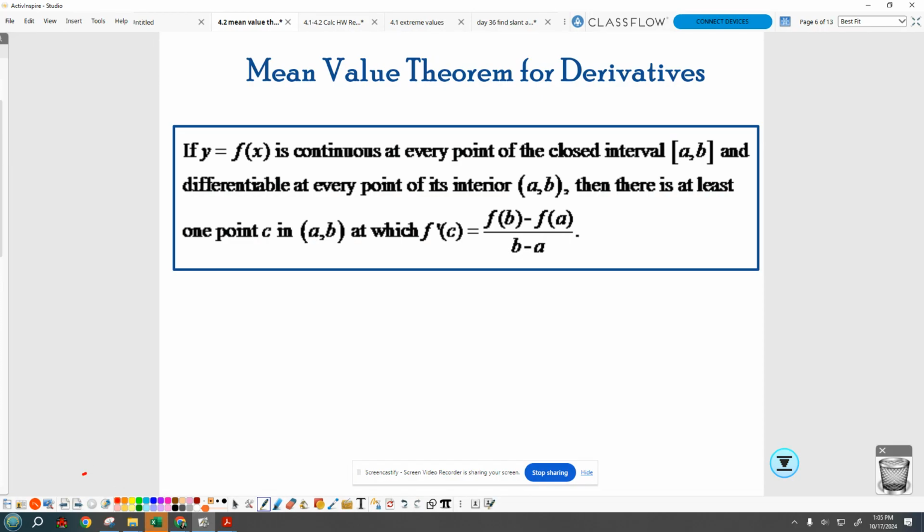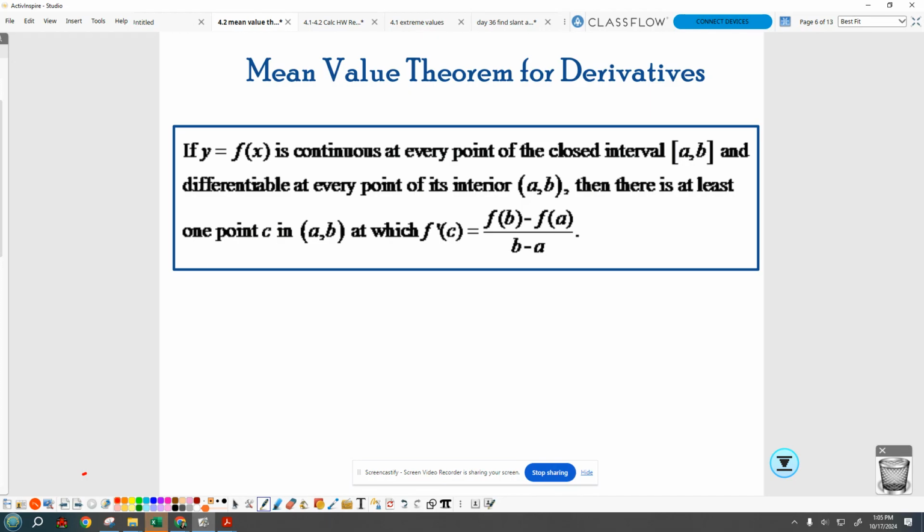All right, so the AP exam is obsessed with a few things. Tan inverse, mean value theorem, fundamental theorem of calculus. Fundamental, keyword, fundamental. They think that one's pretty important. So, mean value theorem, they love it.